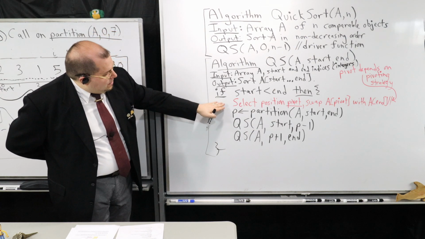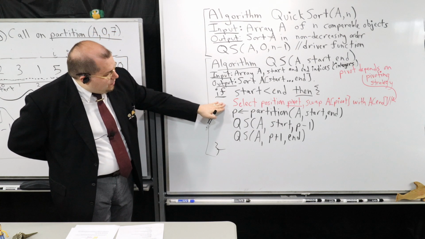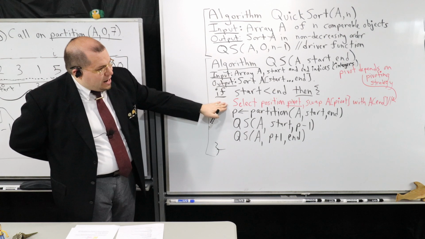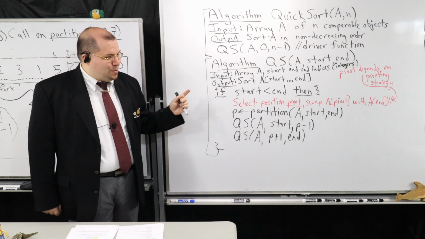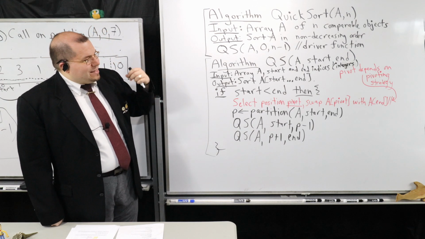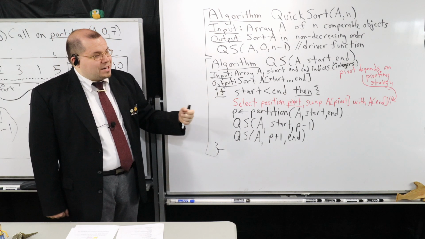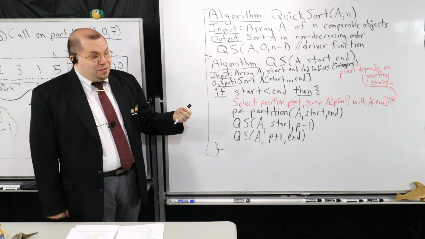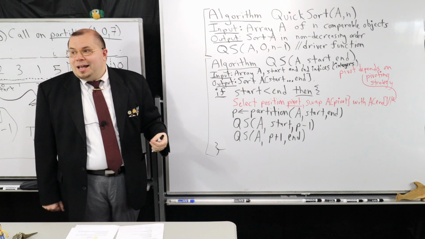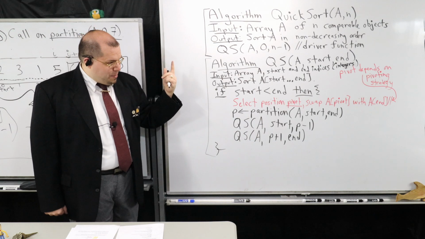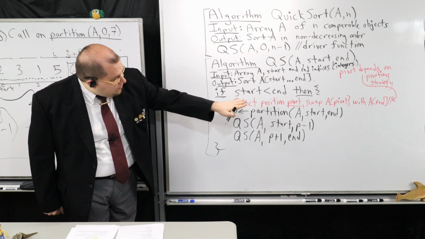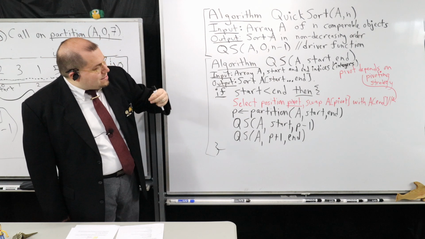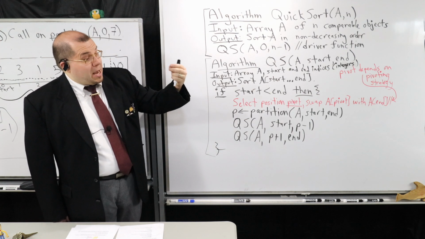So the first thing you're going to do is, now I've added this in red. I'm going to read this very carefully because I know that red is not the easiest thing to read, especially on a whiteboard like this. This is actually an optional step. It's something you can easily modify this algorithm to do. And this is something I'll talk more about in a moment: you can select a position called pivot and you swap A sub pivot with A sub end.